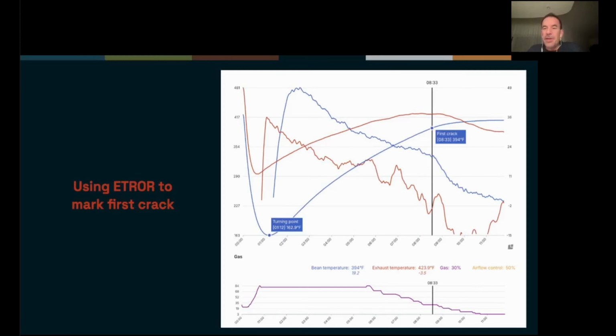The other thing is that there's a lot of dynamics shifting during first crack. You have big shifts in moisture release. You have potentially the ROR dropping a lot or rising a lot, and ideally you want to control that process. And changing the airflow, I think, makes things a little bit complicated.